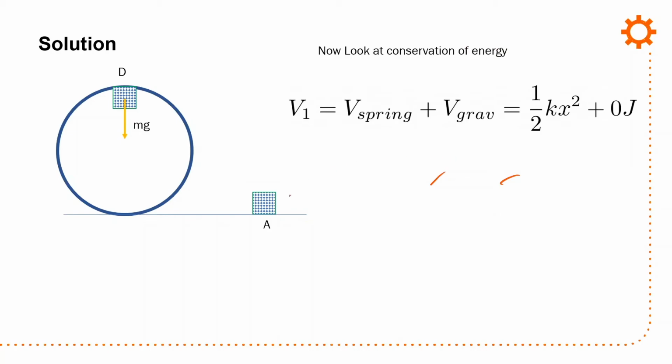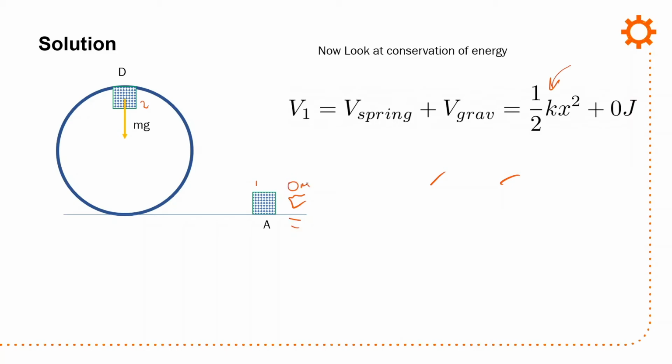So in terms of potential energy, we can say this is 1, this is 2, and I've taken the high point. I can say, well, potential energy at 1 is spring potential plus gravitational potential, and that is the unknown compression. Here I've defined my datum, and because this is a particle, that's 0 meters.